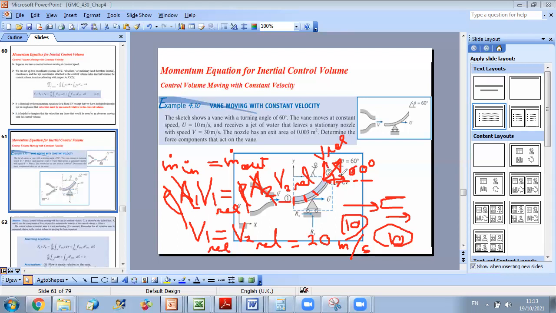From the figure, since V relative makes an angle of 60 degrees with the horizontal, V2 relative along x is equal to 20 cosine 60, and V2 relative along y is 20 sine 60. We will use these relative velocity components in the linear momentum equations. So now we are ready to move to the application of the linear momentum equations.